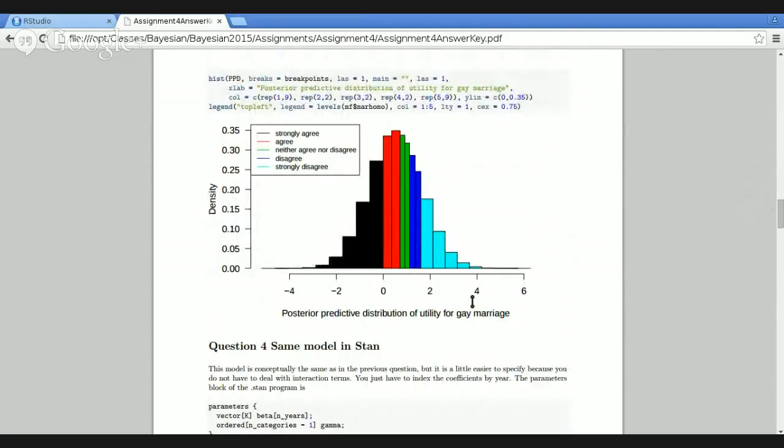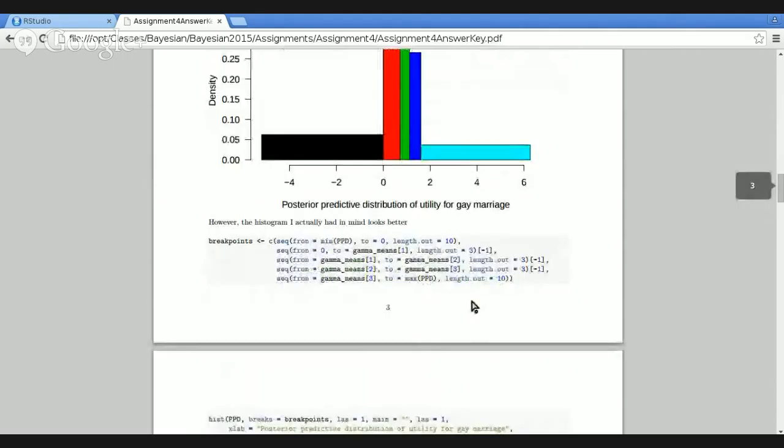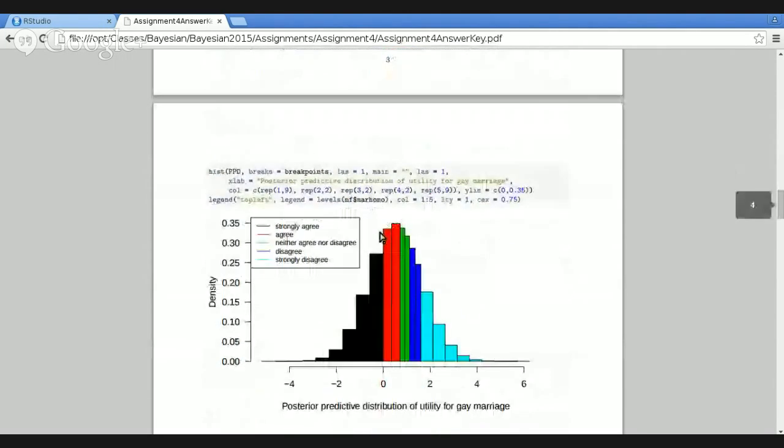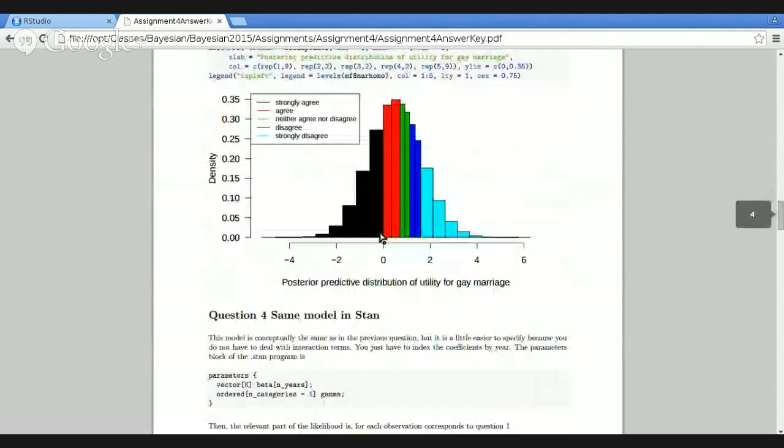So the first cut point is fixed to be 0. Everybody whose latent utility is to the left of that, under the model, is going to be answering the first answer category, which is strongly agree. So I guess it had the same amount of area under strongly agree as in this one, but it looks messed up there. In any event, by 2014, a lot of people predicted to strongly agree with gay marriage.